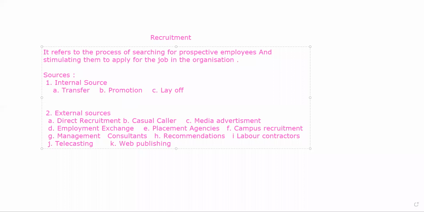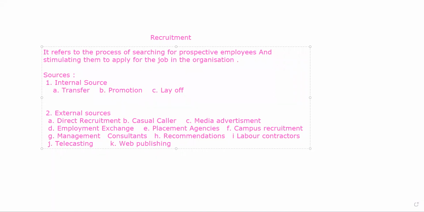If they don't have the surplus at the third level or the C level, what do they do? They promote the person who is working at the level C to the job B, as he is working so well already and is full of caliber. And now they generate the vacancy for the level C. So in this way, promotion can be done.